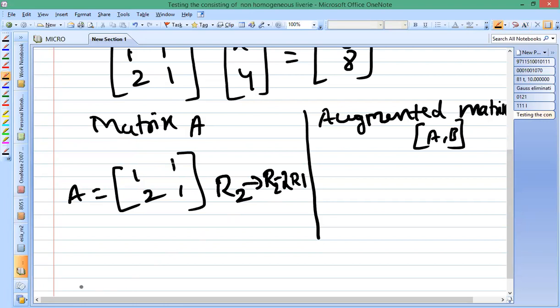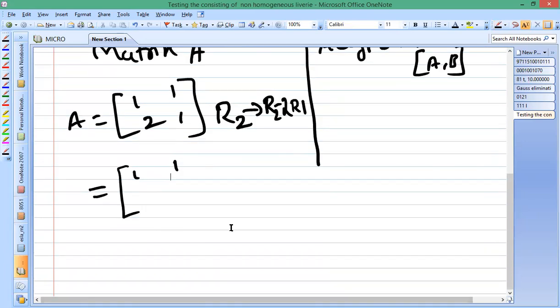If you perform this operation, what results? 1, 1 in the first row will not change. What about the elements of the second row? 0, minus 1. So further, can you reduce it to get zeros at the bottom of the row?